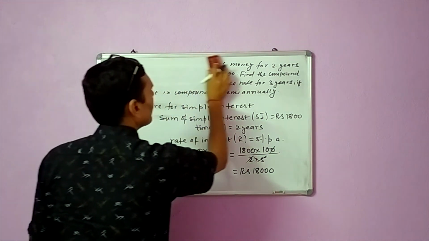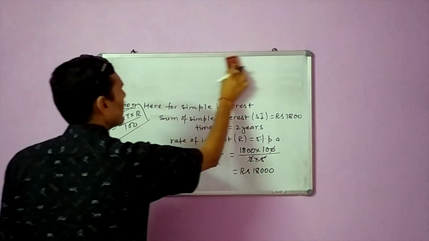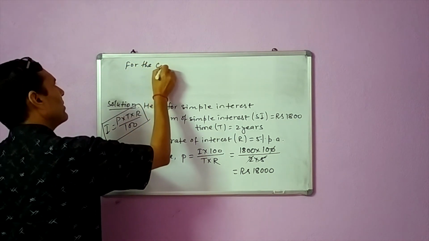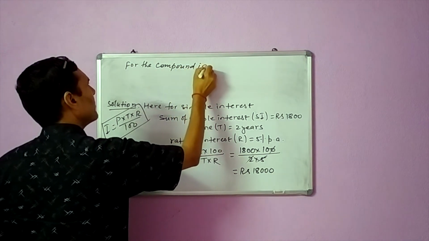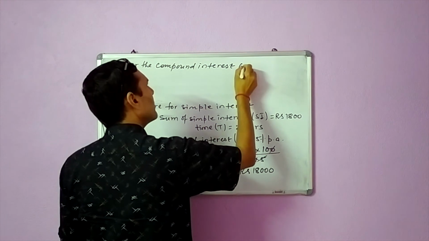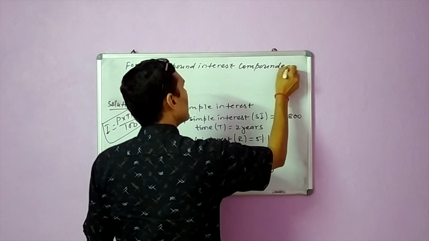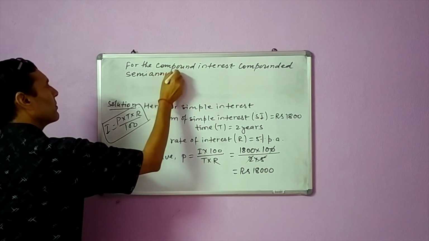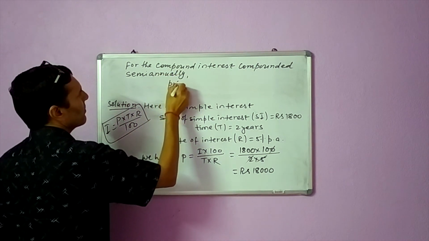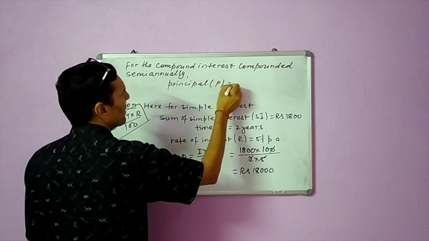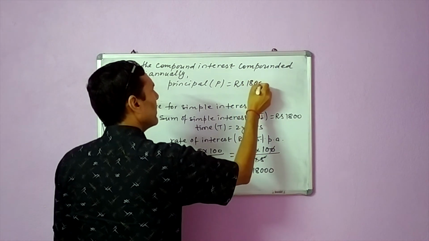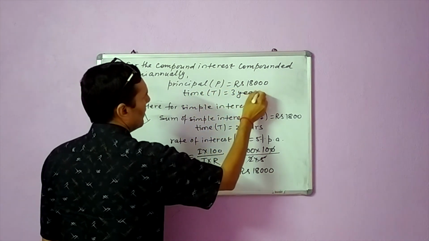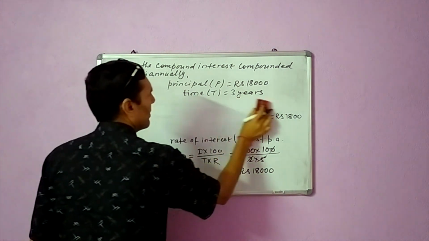So for the compound interest compounded semiannually, principal P is equal to rupees 18,000, time is given 3 years, and the same rate of interest of 5%.